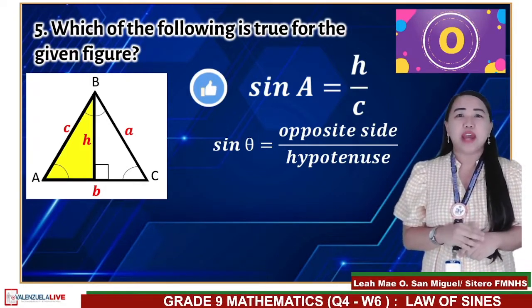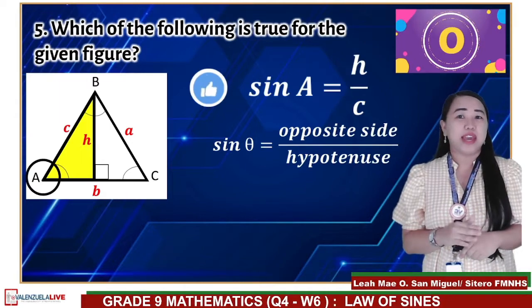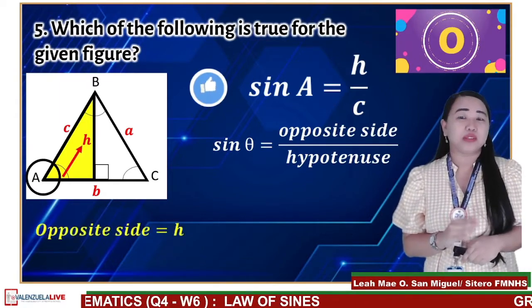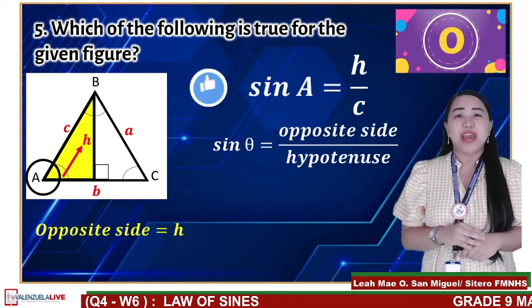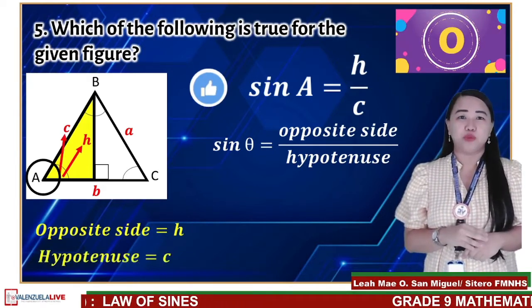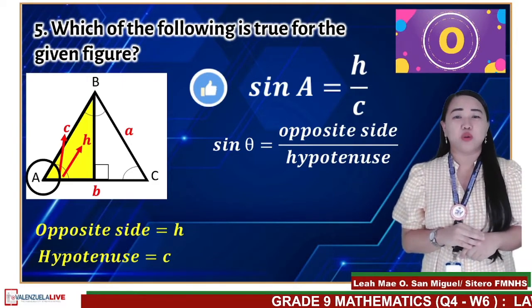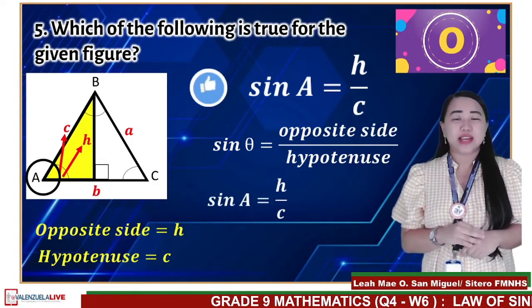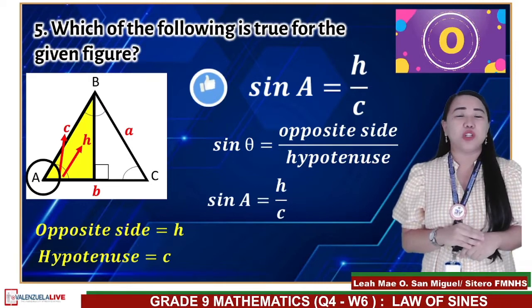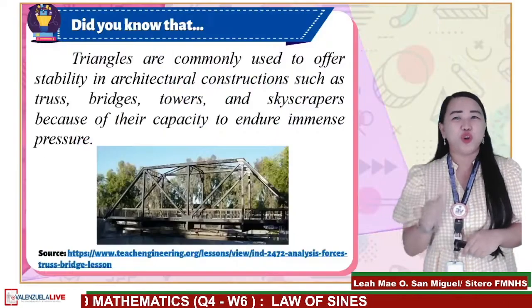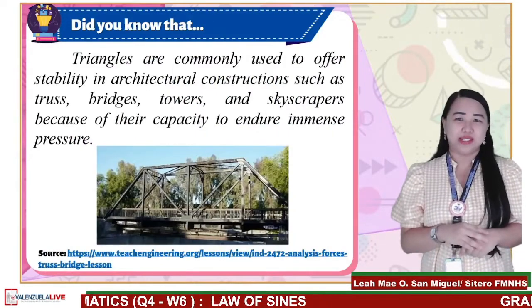In this triangle, using angle A as the reference angle, h is the opposite side of angle A, and c is the hypotenuse. Clearly, we will use the sine ratio. Thus, sine A is equal to h over c. You are doing great, students.